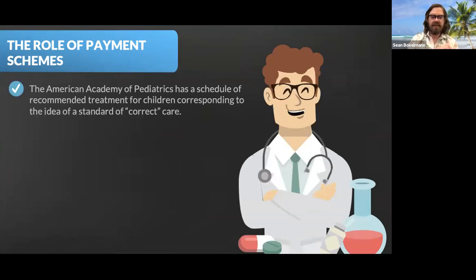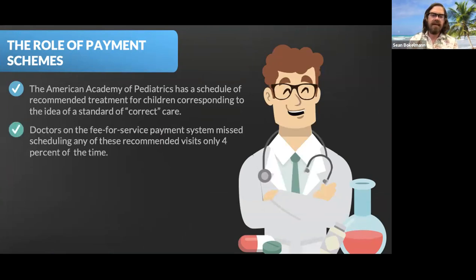Now, the American Academy of Pediatrics actually has a published schedule of recommended treatment for children that tries to correspond to the correct amount of care. And doctors on the fee-for-service payment system missed scheduling any of these recommended visits only 4% of the time.